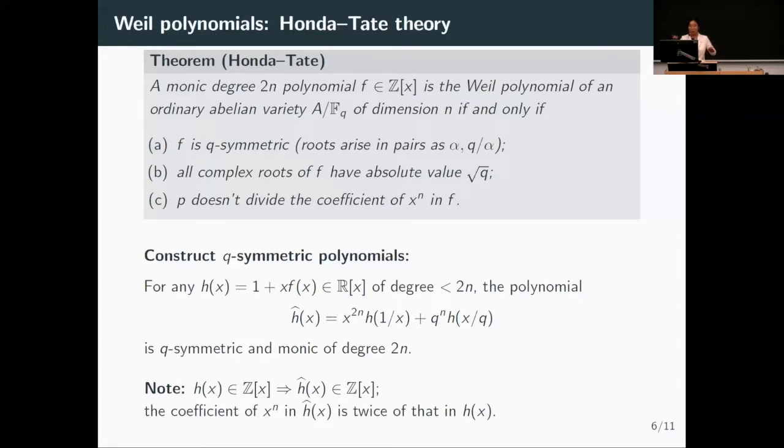coordinates. But we can restrict to a simpler case, if I only think about ordinary abelian varieties. Ordinary abelian variety means that the middle coefficient of the Weil polynomial is not divisible by p. And in this case, if your polynomial has the middle coefficient not divisible by p, then conversely the p-adic condition is automatically satisfied.